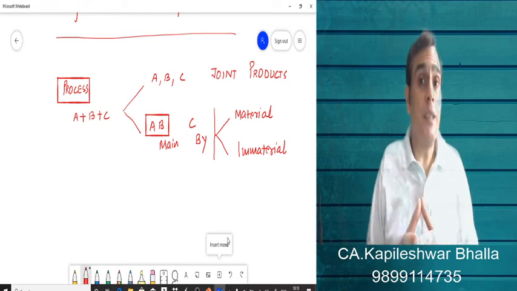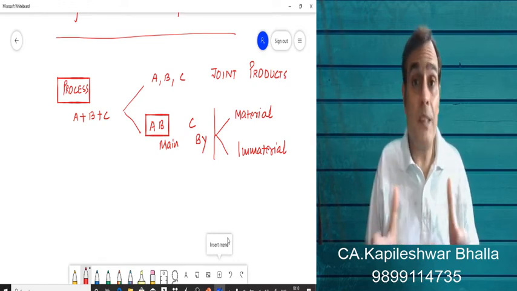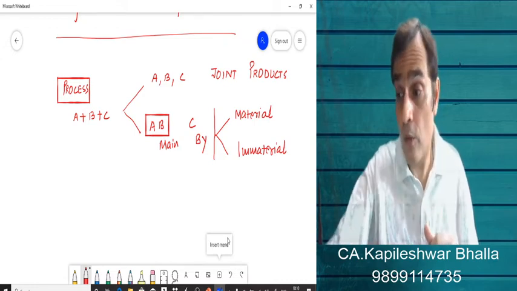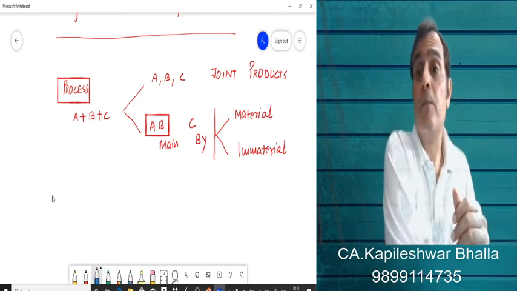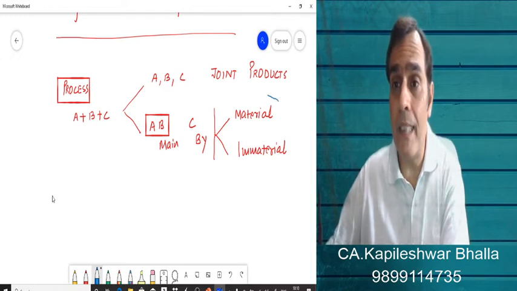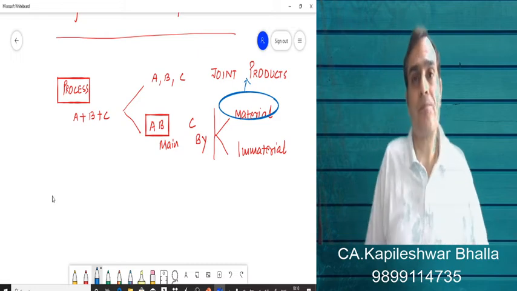So there used to be two cases: either we say that the byproduct is material or we say that the byproduct is immaterial in nature. Now, if you recall further, once we say that the byproduct is material in nature, we used to treat the main and the byproducts as good as joint products.